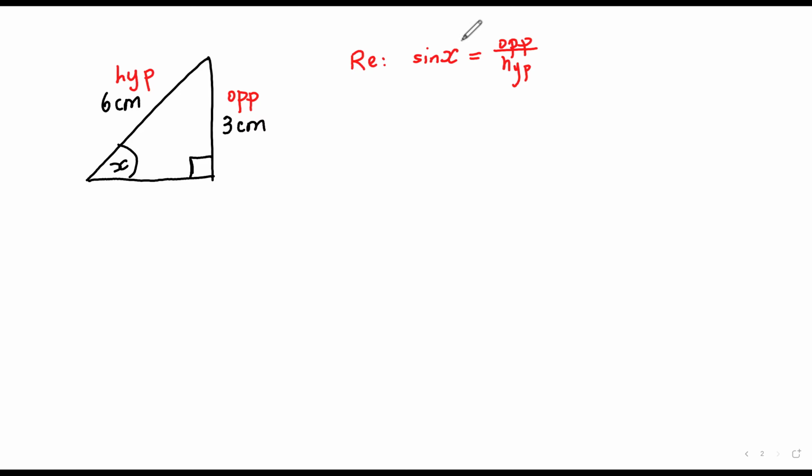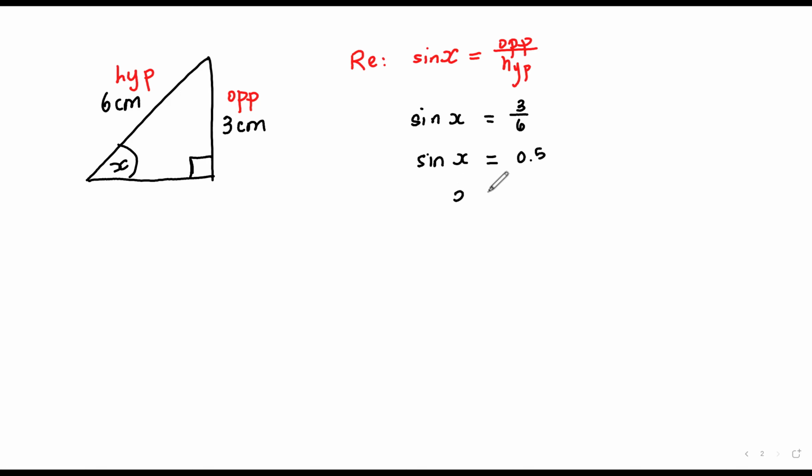All right, so sine of x is equal to opposite over hypotenuse, which means the sine of angle x is equal to the opposite, which is 3, over the hypotenuse, which is 6. Therefore, sine of x is equal to 3 divided by 6, which is a half or 0.5.